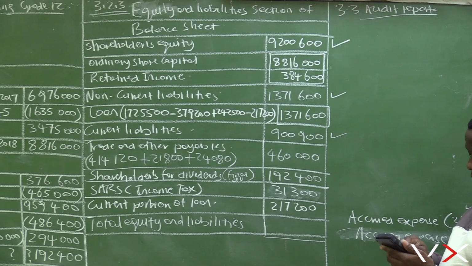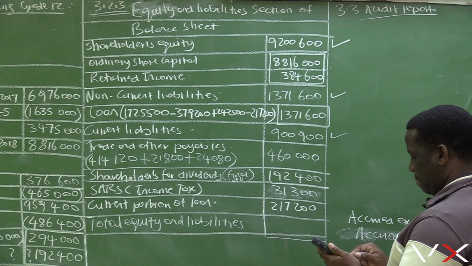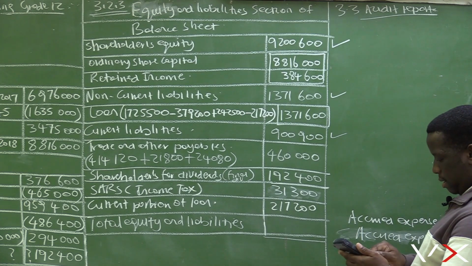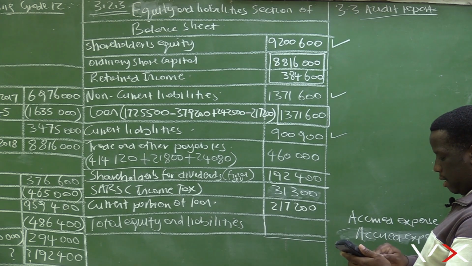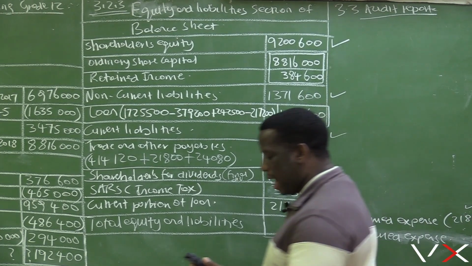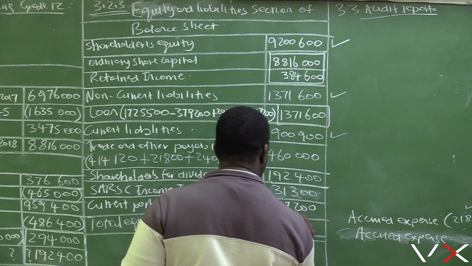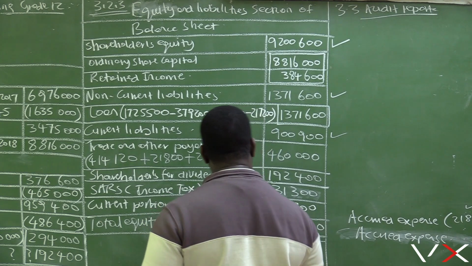So 9,200,600 plus 1,371,600 plus 900,900 equals 11,473,100.